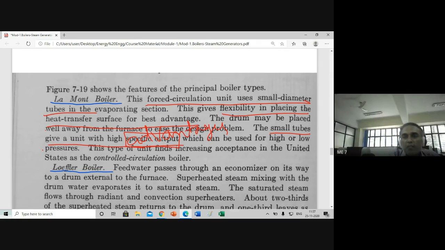High specific output is the advantage of the Lamont boiler. It is used mostly in the United States as a controlled circulation boiler.